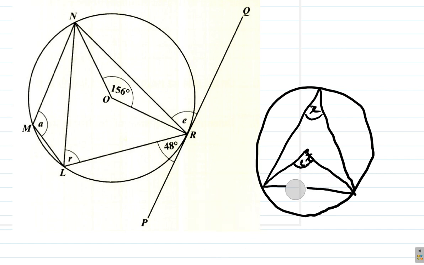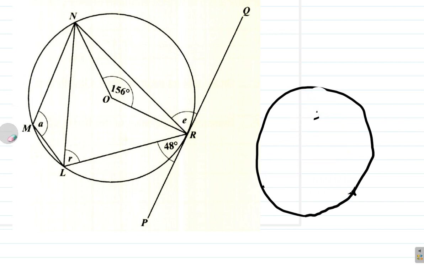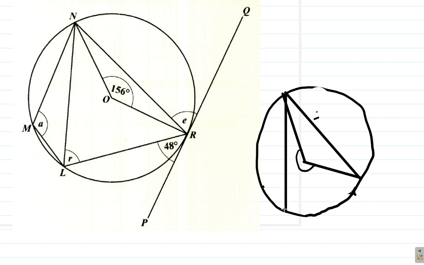So let's see what's going to happen here now. Suppose we make a bit of change to this. And we say this is our chord, and this is the angle at the center O. This angle here. Then we look at the angle at the circumference in the same segment. This angle here.